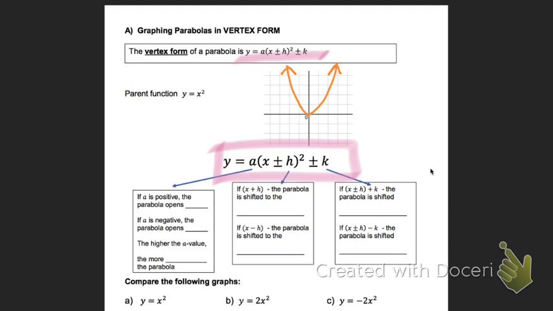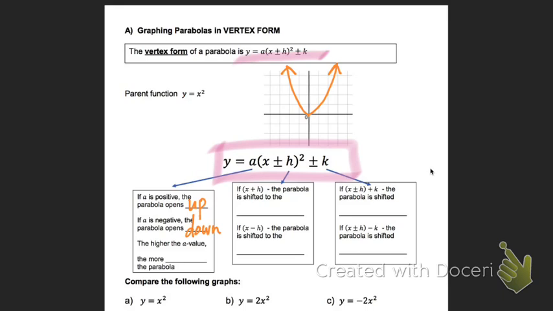If A is positive, the parabola opens up. If it's negative, it opens down.